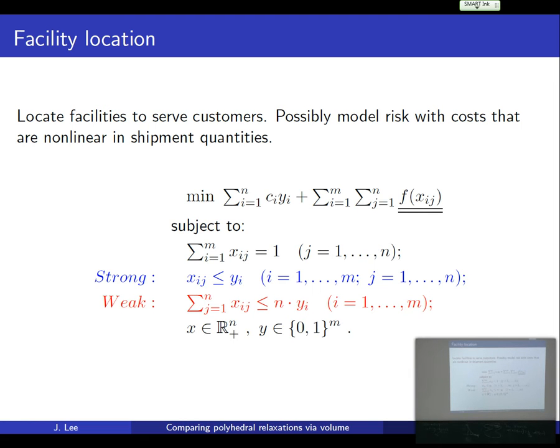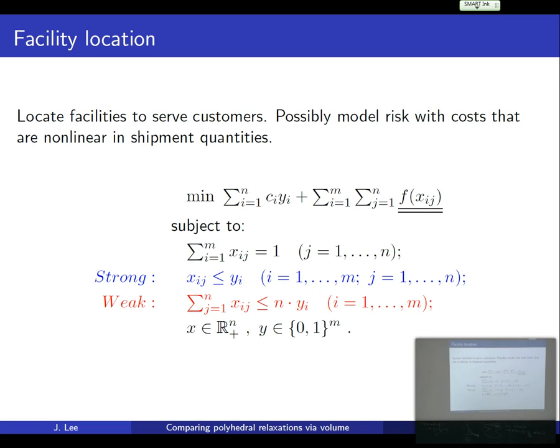And then somehow you need to link these shipment variables to the facility variables. And so you use one of two possible methods to do that. There's the so-called strong formulation, where you say that each x_ij is less than or equal to y_i, and sure enough, if y_i is 0, it shuts down all of the x_ij's for that i.